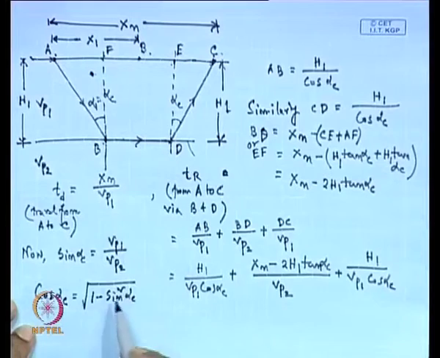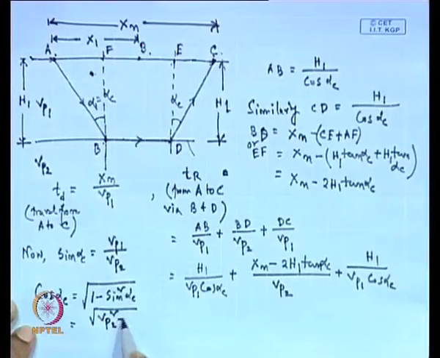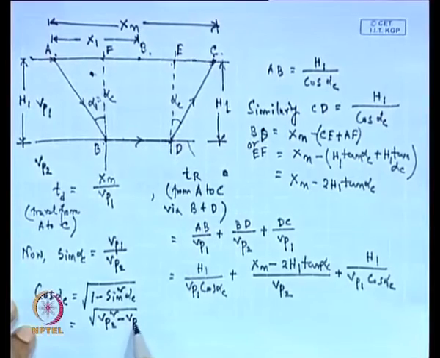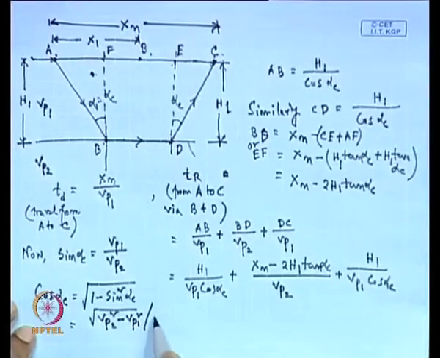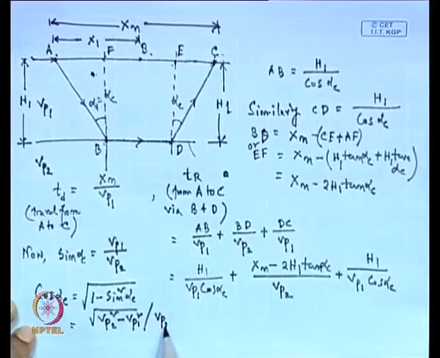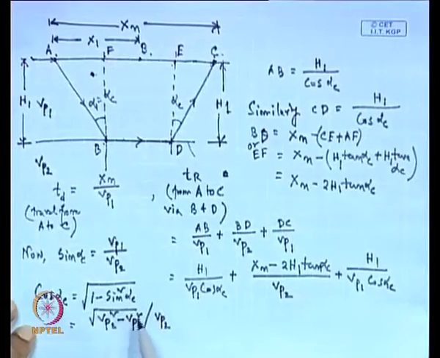So, if we put this sin alpha c value here, cos alpha c will be finally root over V p 2 square minus V p 1 square divided by V p 2. That means this one will be V p 1 square divided by V p 2 square.